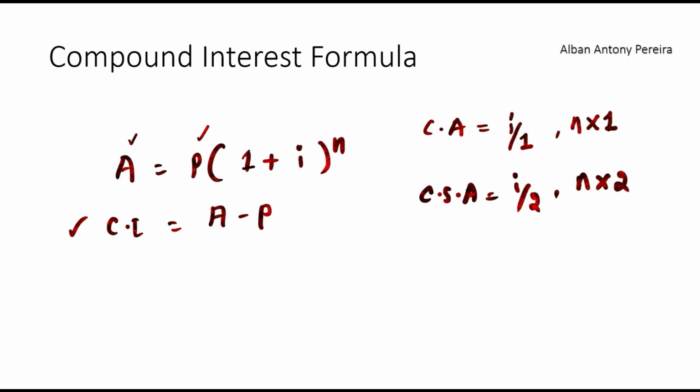And if the interest rate is given as 5%, then you divide it by 2, so 5% divided by 2 is 2.5%. This is how it works. You have to give the effect of conversion periods to I and N. If you miss this out, then your answer will be wrong and your compound interest and amount calculation will be wrong. Keep this in mind.